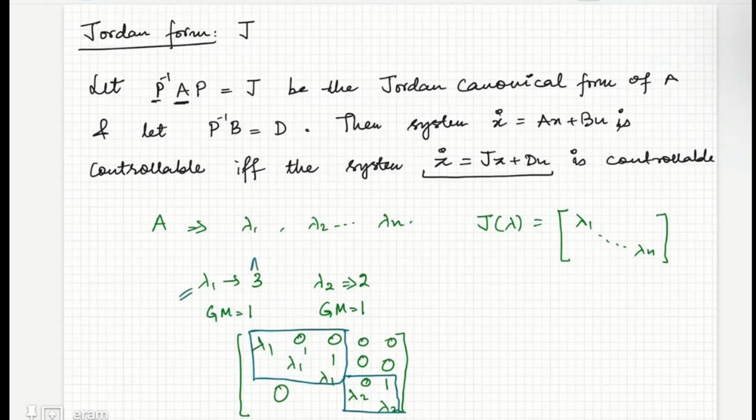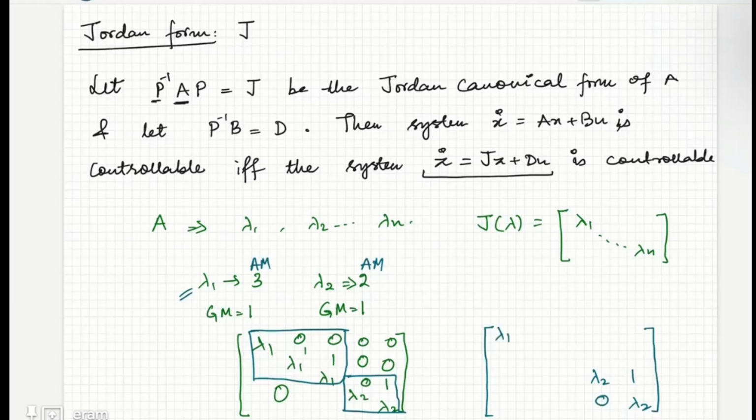So this is the arithmetic multiplicity. Now suppose lambda 1 has geometric multiplicity of 2, then how will the Jordan form look? The lambda 2 has geometric multiplicity of 1, so it will look like this.